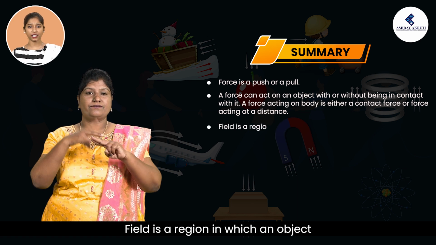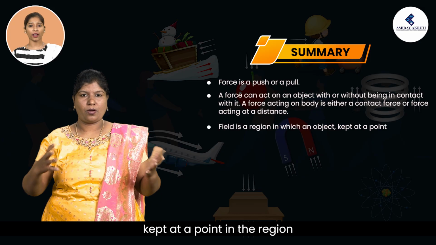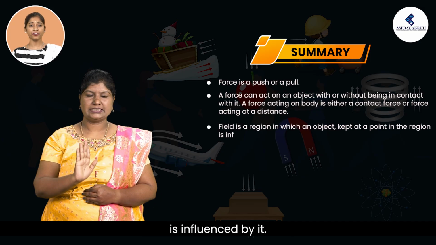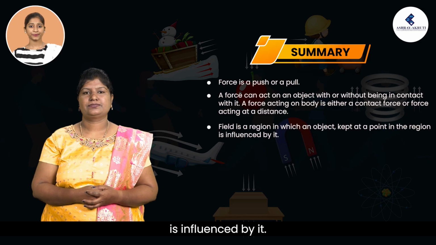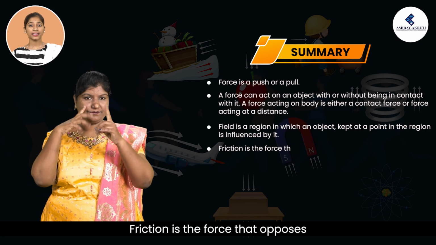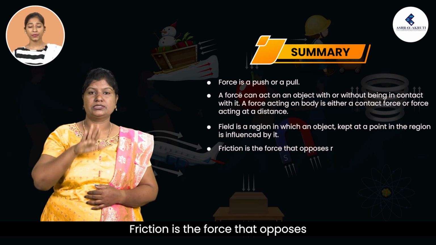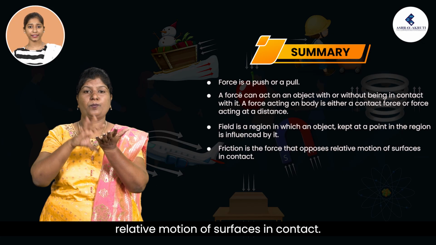Field is a region in which an object kept at a point in the region is influenced by it. Friction is the force that opposes relative motion of surfaces in contact.